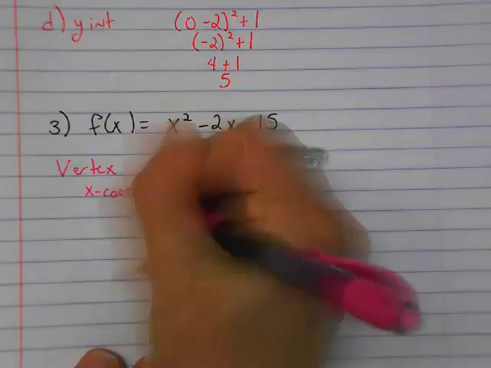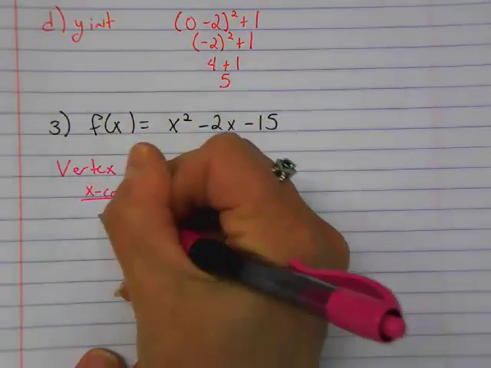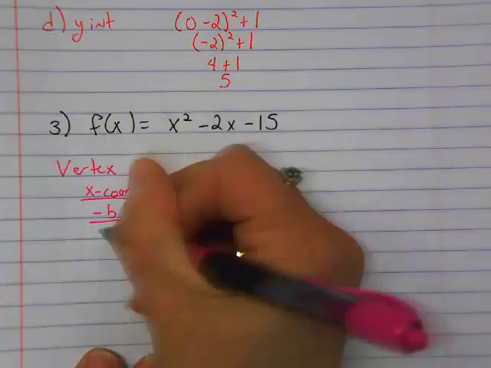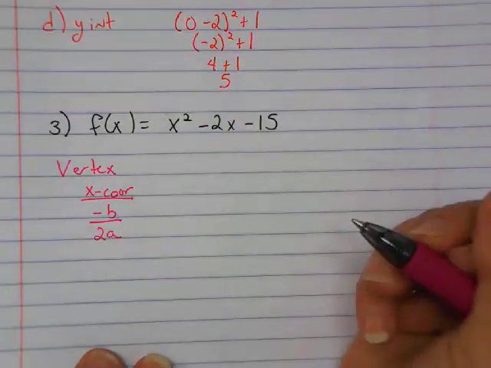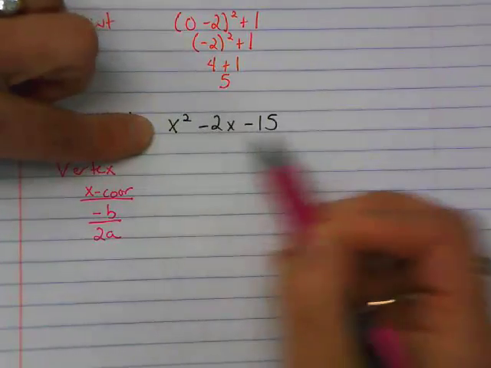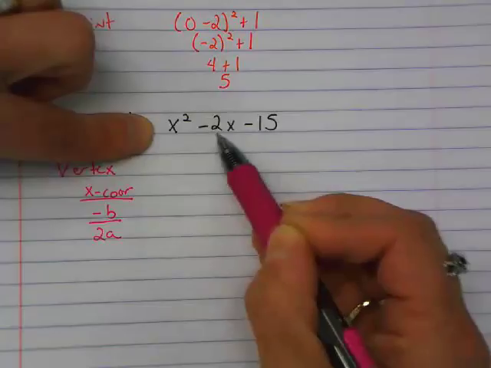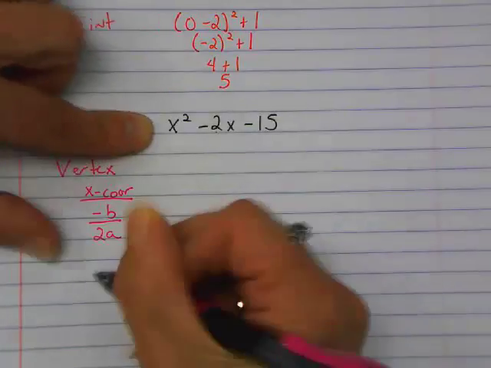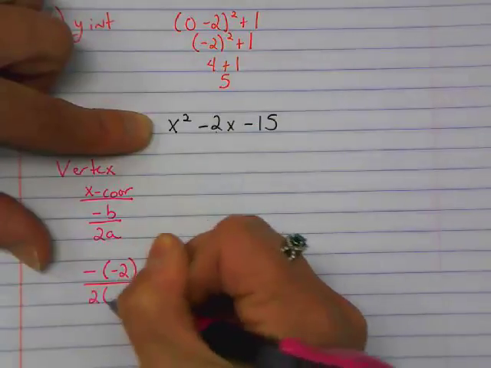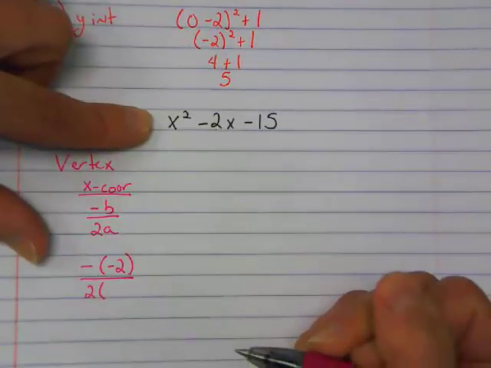Now I'm going to find my y-coordinate. And to find the y-coordinate, you're going to take this x value. I apologize, can't see. There you go. I'm going to take this x value and plug it into the function and see what the y value is. So I'm going to say 1 squared minus 2 times 1 minus 15.